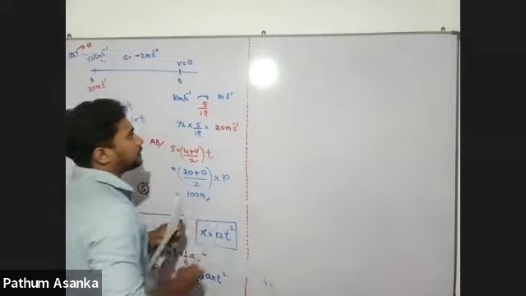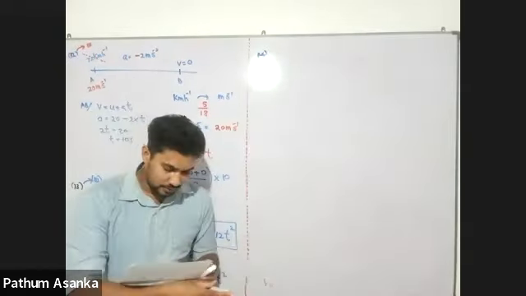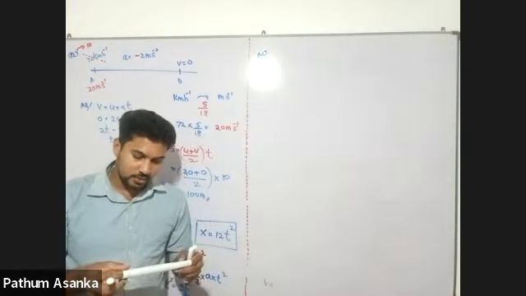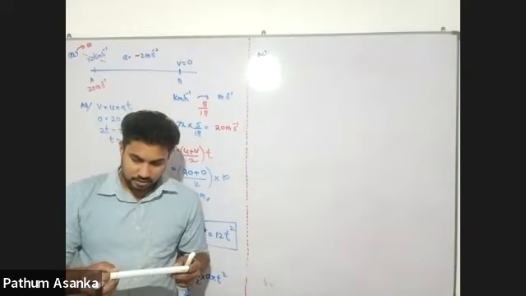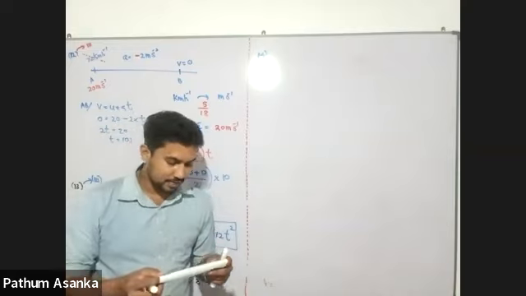Right. 14th question. A train traveling with a velocity of 20 and accelerate uniformly 2 ms minus 2 in a time of 20 seconds, right?